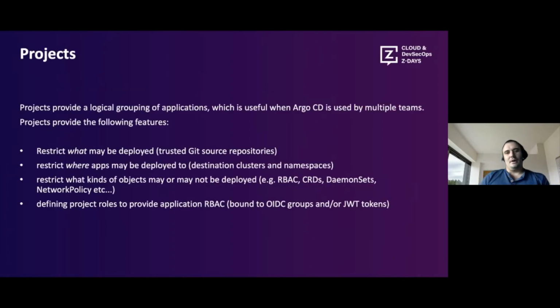Also, Argo CD has an abstraction called project. If on your project you have a lot of streams, a lot of teams, you could create a separate project for them. You could restrict from which Git repository each team could sync their applications, their manifests.